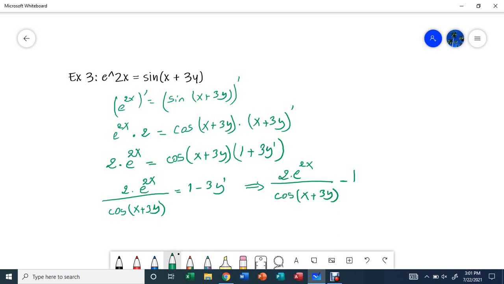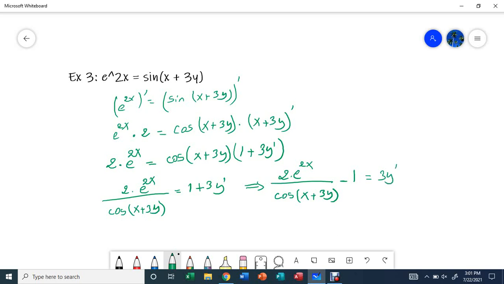Sorry, that must be plus, so there is no minus here. The derivative of 3y is plus 3y prime. I don't know why I put negative, but it's 1 plus 3y prime. So minus 1 on both sides equals positive 3y prime.